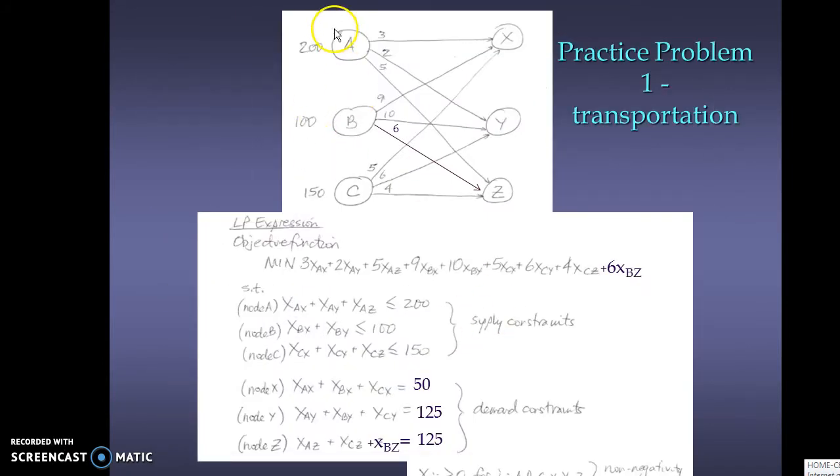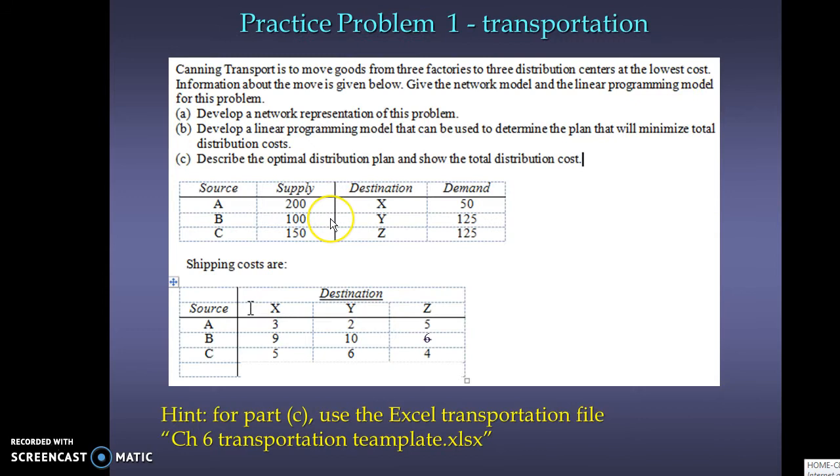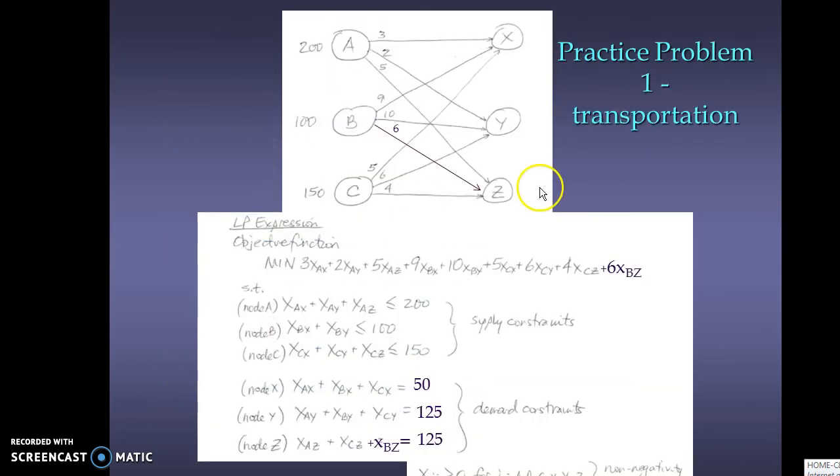So we draw our origins, A, B, and C, on the left side, our destinations over here on the right side. We draw the availability of, the supply, 200, 100, 150, on this side, and I guess I cut this off when I captured the screen image, mea culpa.